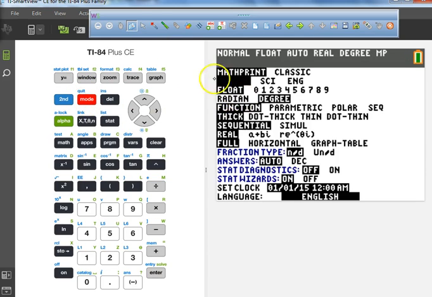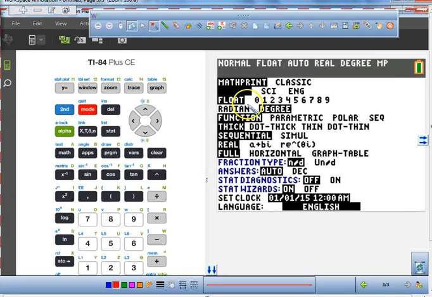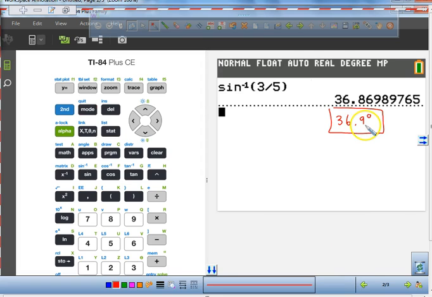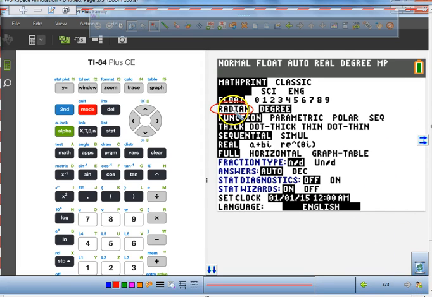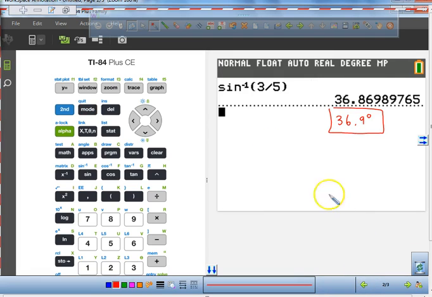I bet your mode is not in degree mode; I bet it's in radian mode. So if you did not get 36.9 degrees, your calculator was in radian mode.